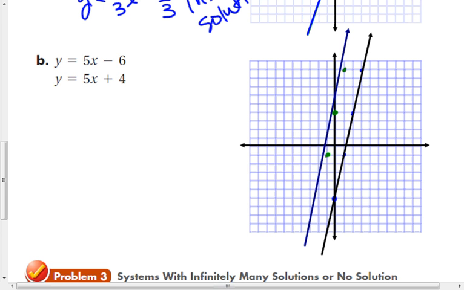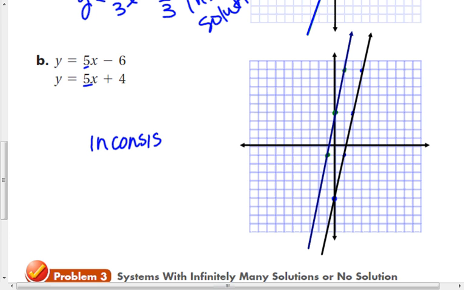And we can see that our two lines seem to be parallel, which makes sense because they have the same slope. When that happens, we have an inconsistent system, and there is no solution. All right, you try that.